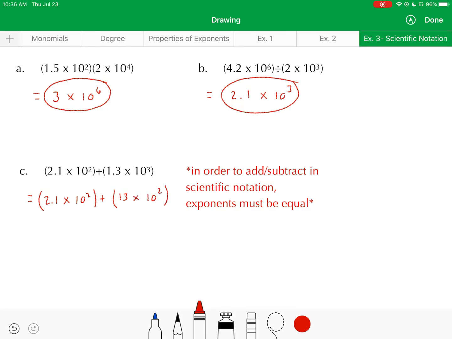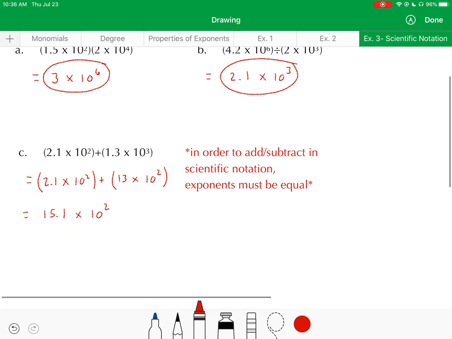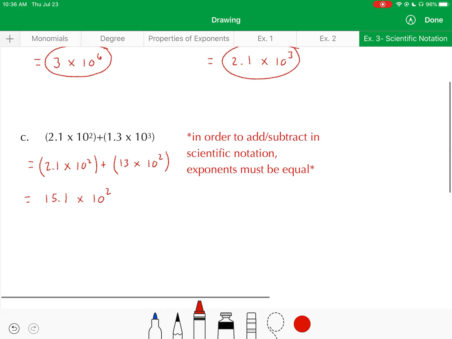Okay, 13 times 10 to the second is equivalent to 1.3 times 10 to the third. Now I can add 2.1 with 13. That's going to, of course, give me 15.1. And I simply copy down 10 to the second. Okay, I don't actually do anything with the powers on 10 there.